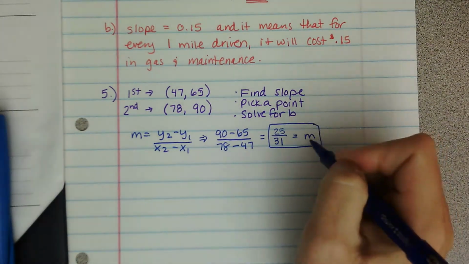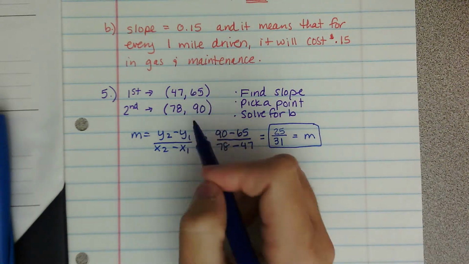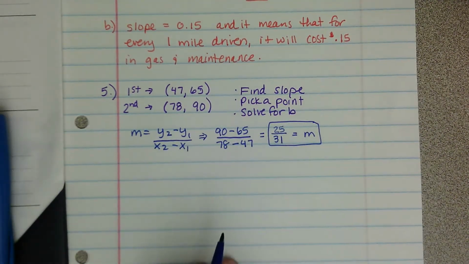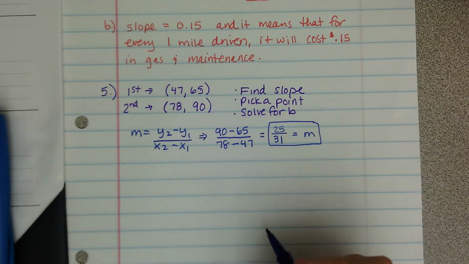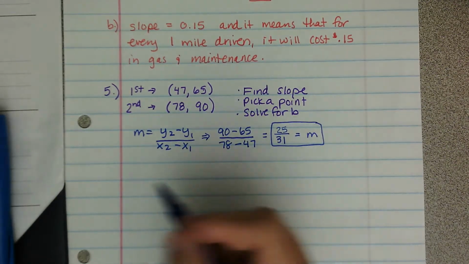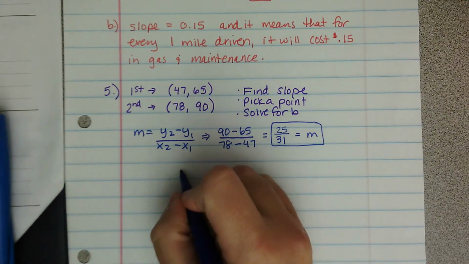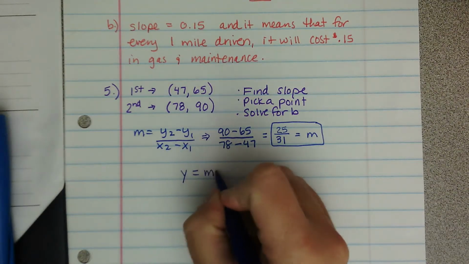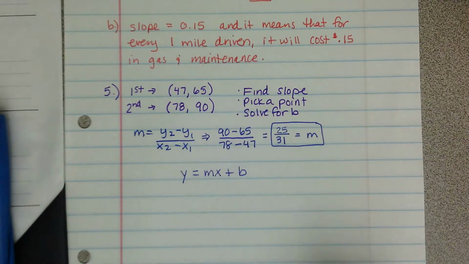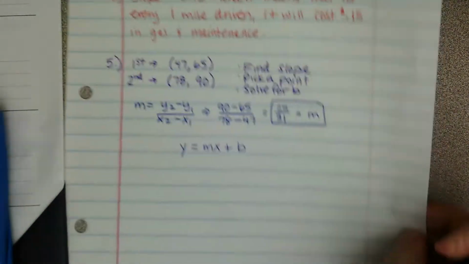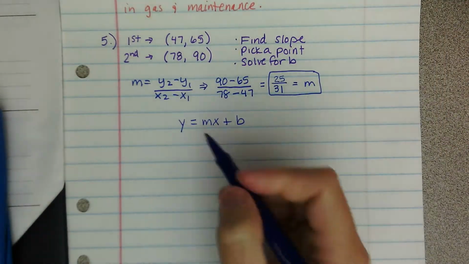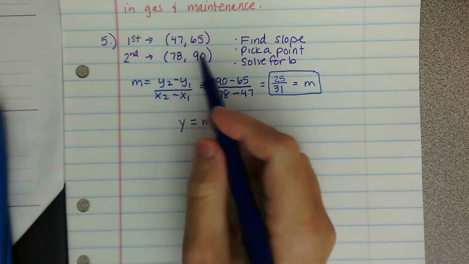And then we need to pick a point, so it doesn't matter what point you pick. I think I'm going with the 90. So I'm going to use my 78, 90. It doesn't matter which point you use. And then we have to put the point and the slope into our y equals mx plus b to solve for b. So the point that I picked was 78, 90.